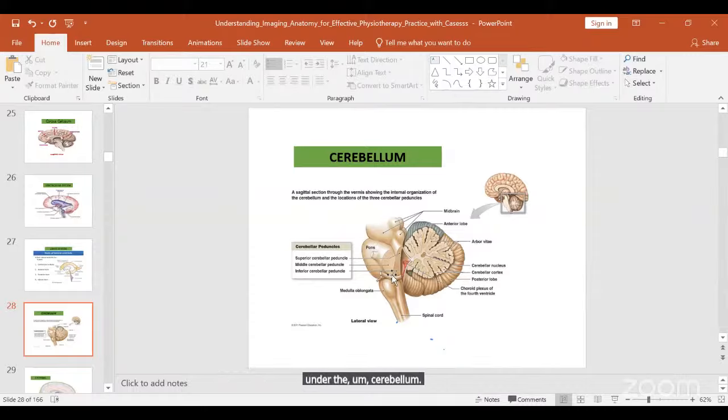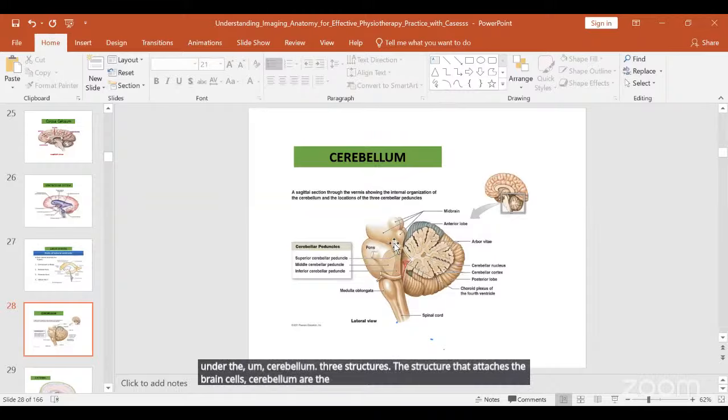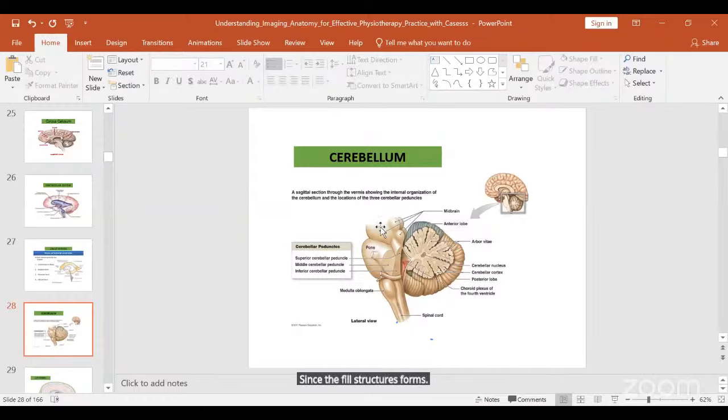The structures that attach the brainstem to the cerebellum are the cerebellar peduncles. Three structures form the brainstem, that is the midbrain, the pons, and then the medulla. These three structures are the ones that attach it to the cerebellum. Anatomically, it's very easy to see.